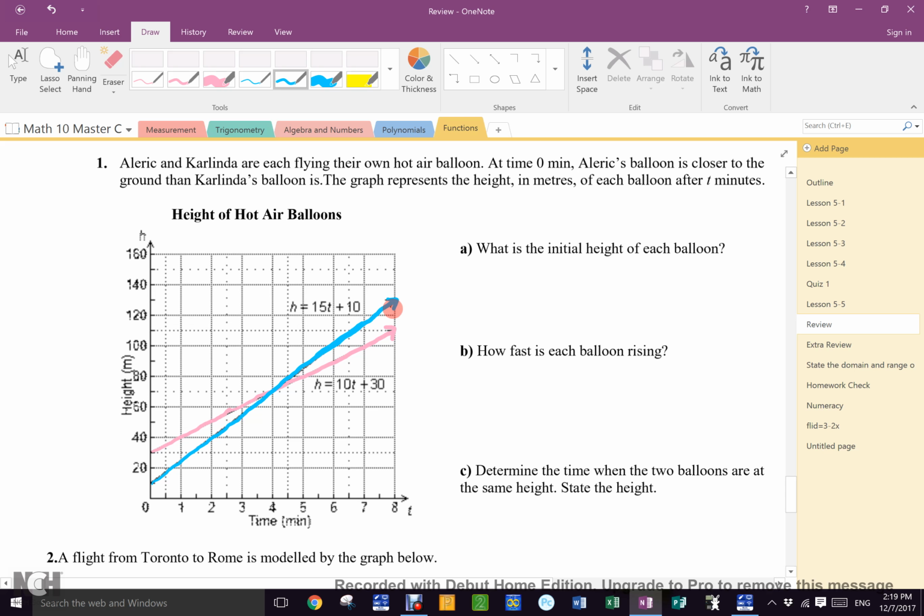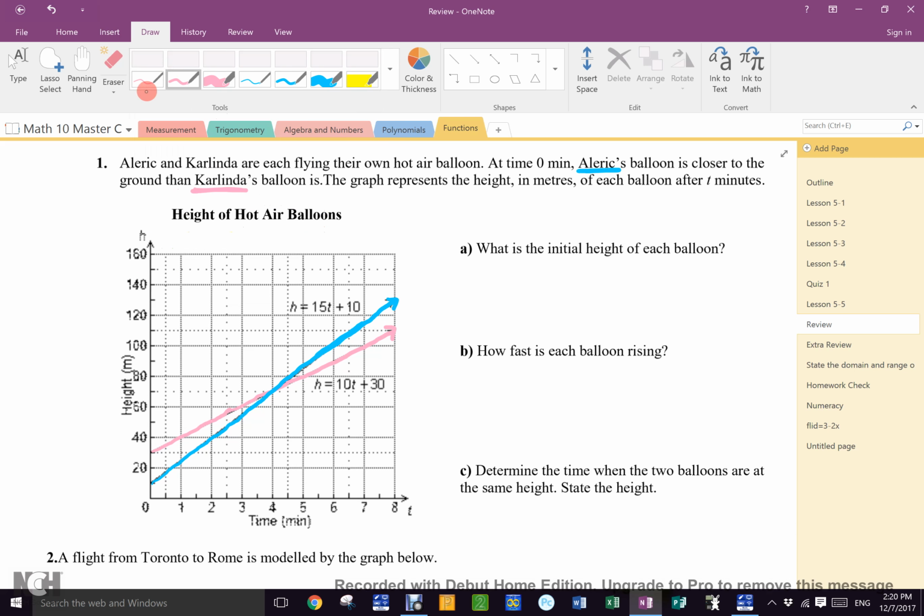Okay, now, so who's blue, who's pink? Read the question. I think Alaric is blue, and Carlinda is pink, okay? Everybody cool with that?